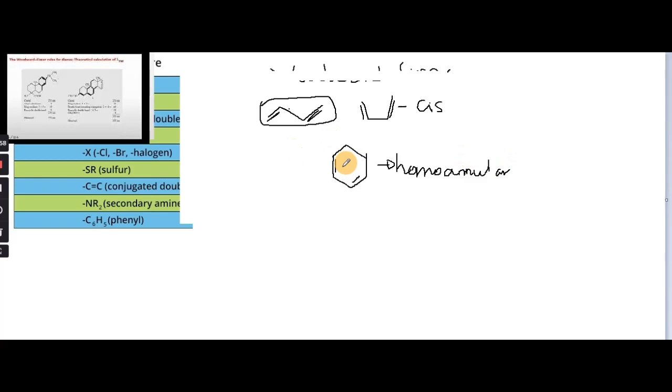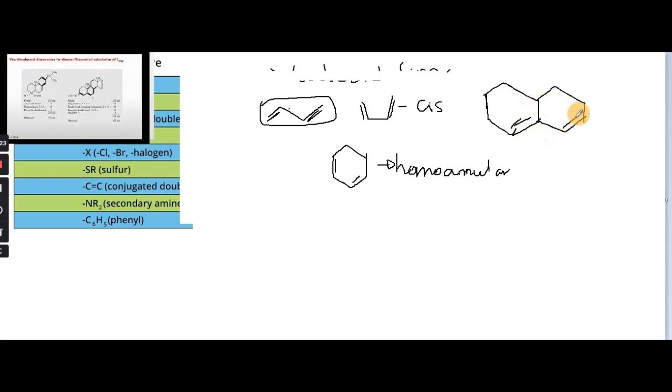We have what we call also a heteroannular diene. That is a diene that has the double bonds in different rings. We have two fused rings, but the double bonds are found in different rings. So one is found here, then the other is found here.